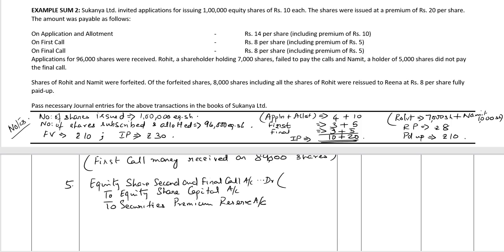The total amount due on the final call, 96,000 shares multiplied by rupees 8 per share.